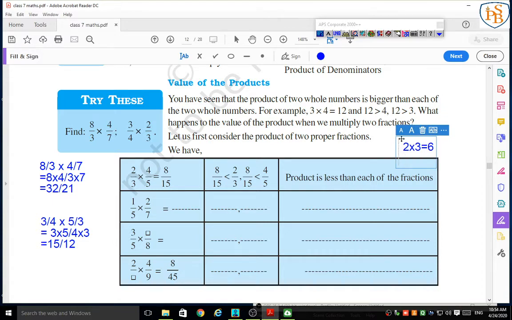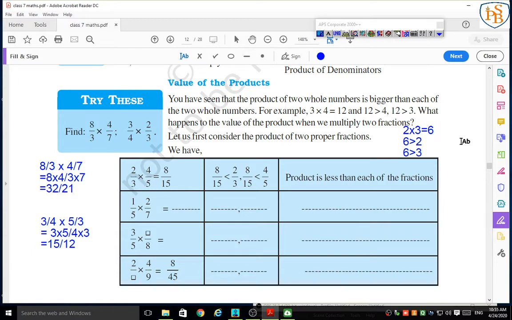From that we can see that the product is 6, which is greater than 2, and 6 is also greater than 3. That means if we multiply two whole numbers, the product of those two whole numbers is bigger than each of the two whole numbers.